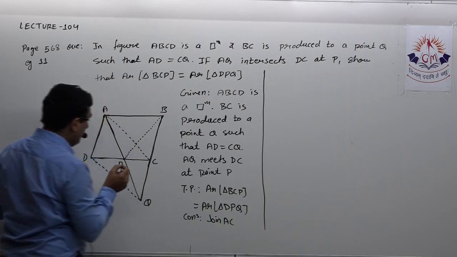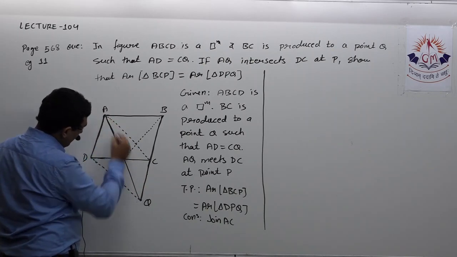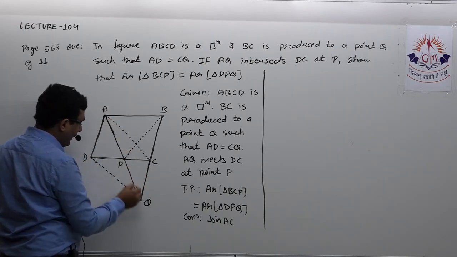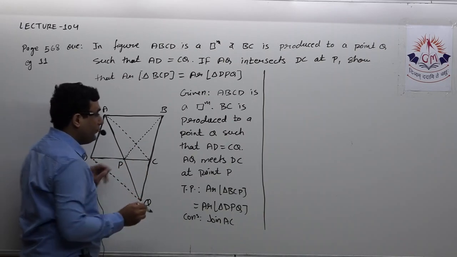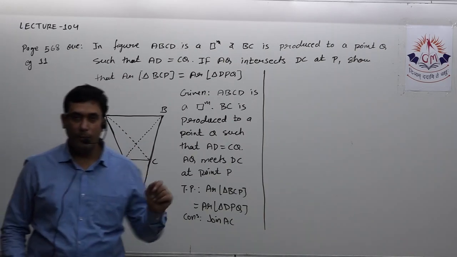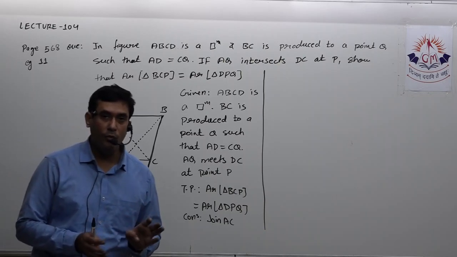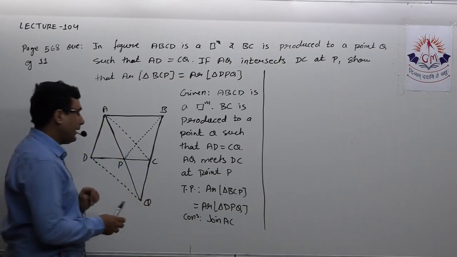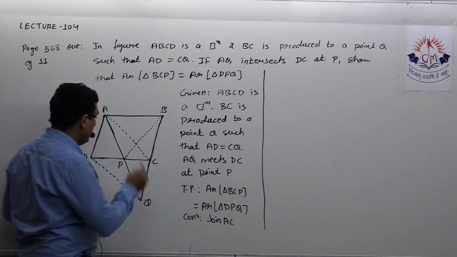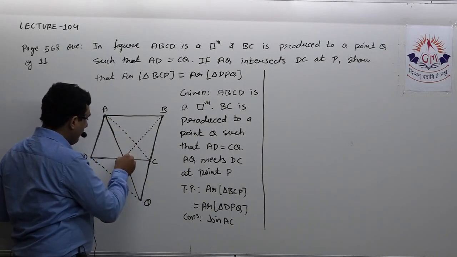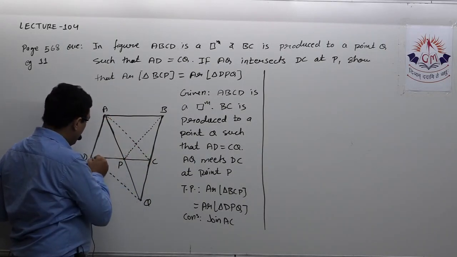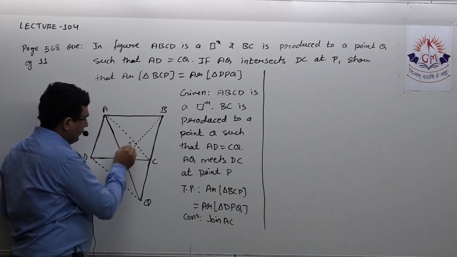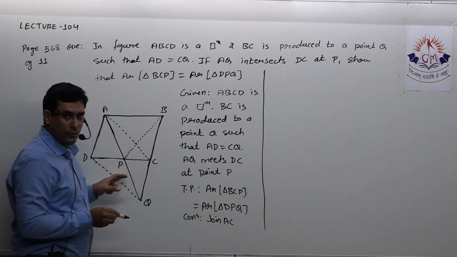Now these two, AQ and DC, are the diagonals of the parallelogram, and we know that diagonals of a parallelogram divide it into four triangles which are equal in area. So area of APC is equal to area of DPQ, as these two are congruent.